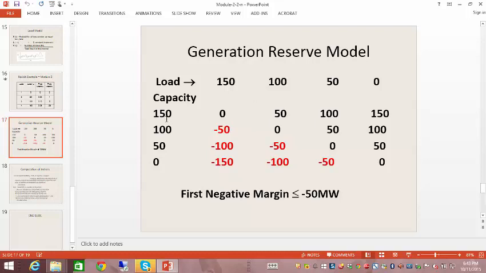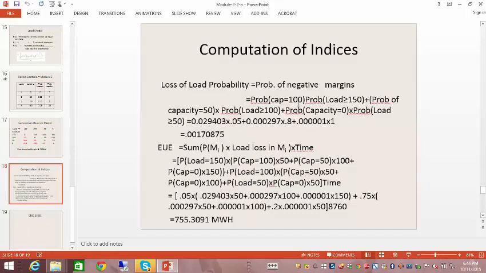Because if the capacity is 100, then the load has to be equal to or greater than 150 for there to be a load loss. Because if the load is less than 150, then there is no load loss. So all these conditions can be combined to compute the loss of load probability.